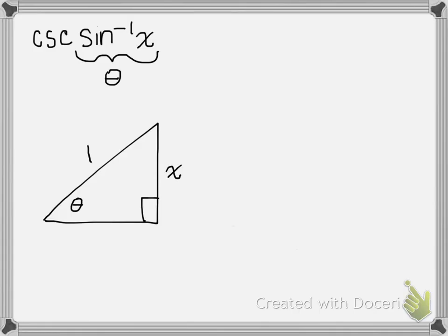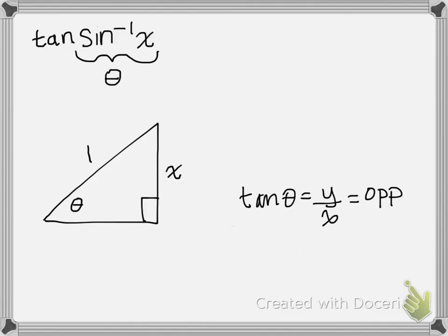And then let's also change this. Hopefully you won't object too much to this, but I don't want to do cosecant. Let's do tangent. The tangent of the inverse sine of x. So we know that for tangent, I need the y over the x, or in a right triangle, the opposite over the adjacent.